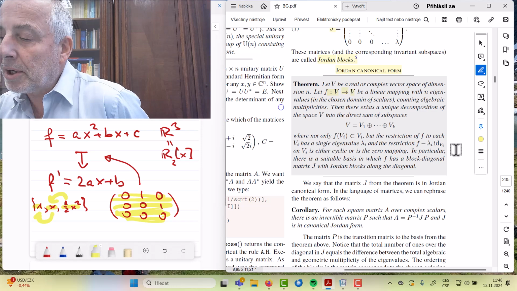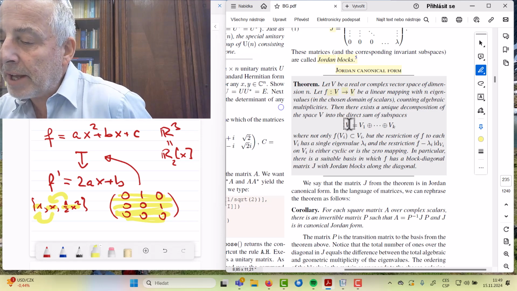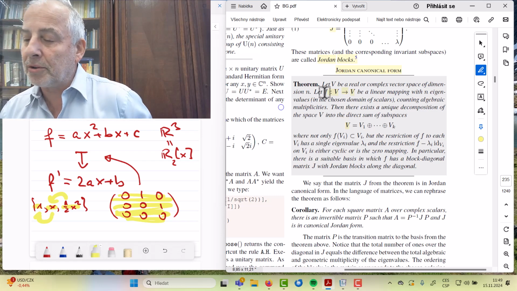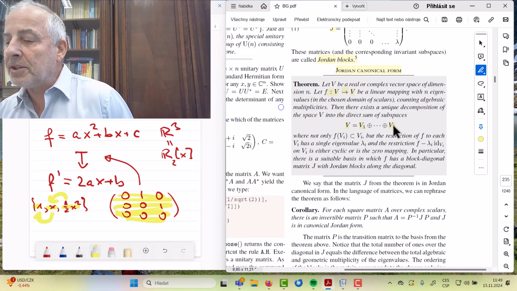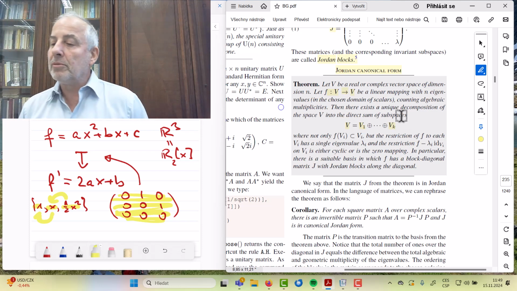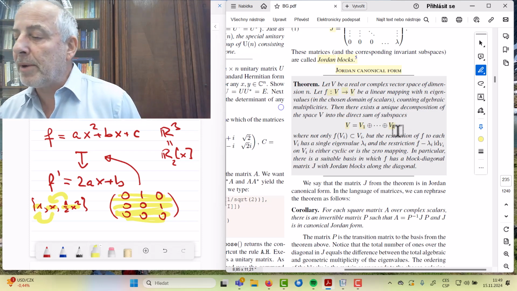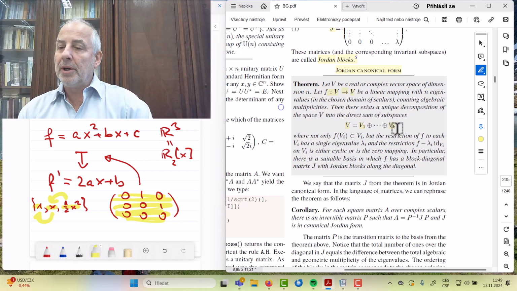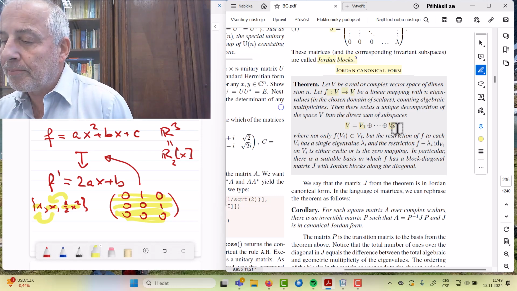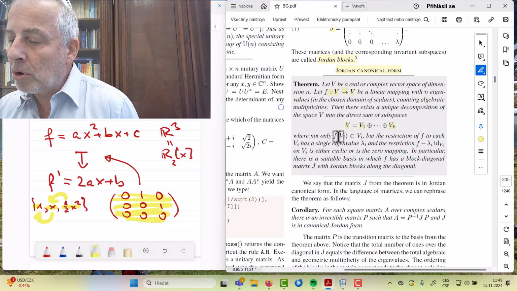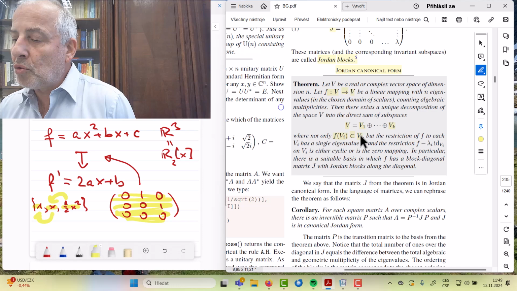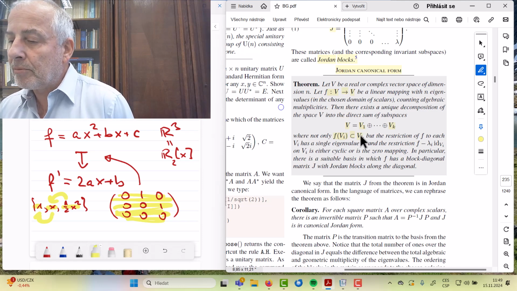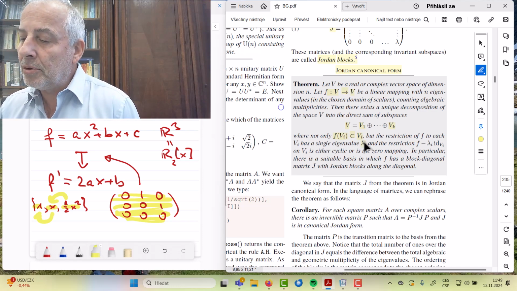And the conclusion is that each such vector space, with respect to that particular mapping, decomposes into a finite direct sum of subspaces, so they are mutually disjoint, which are all invariant, and the restriction to each of them has a single eigenvalue.